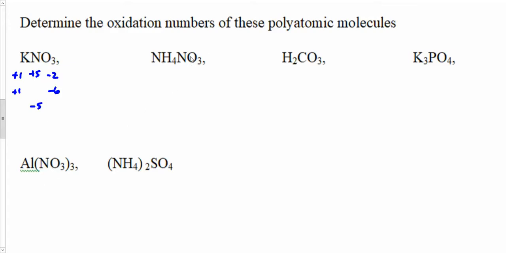So note, sometimes when you've got one like this, if I go +5 and -2, NO3 has a charge of -1. NH4 has a charge of +1. So when I'm dealing with the NH4, I know it needs to be a +1 in the end. Each H is +1. There's 4 of them.